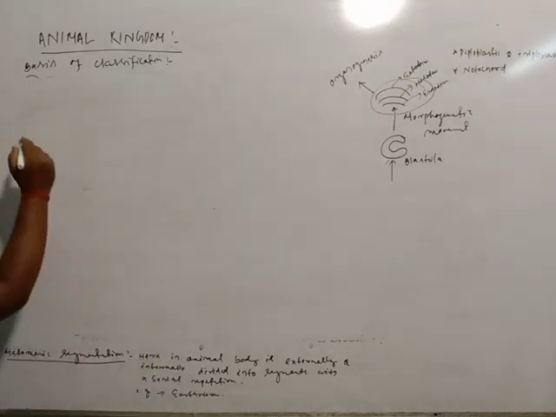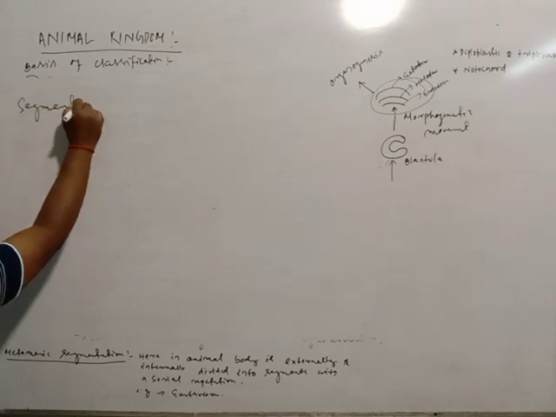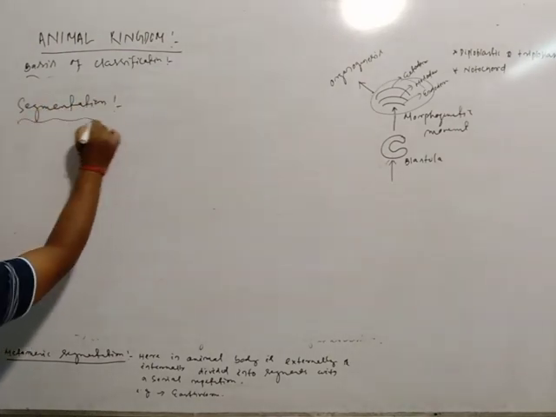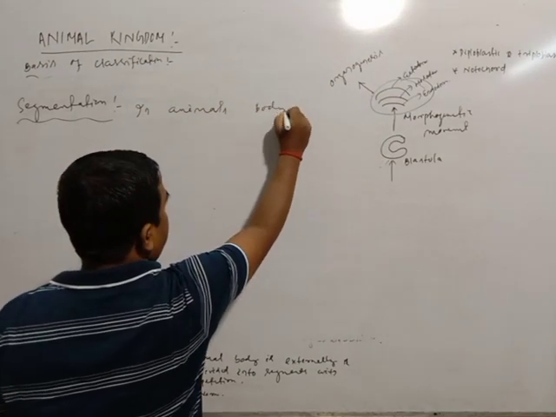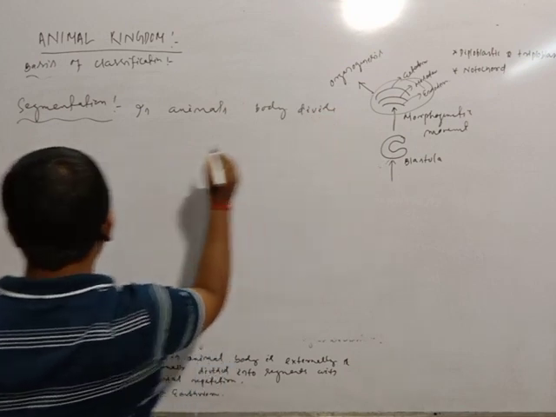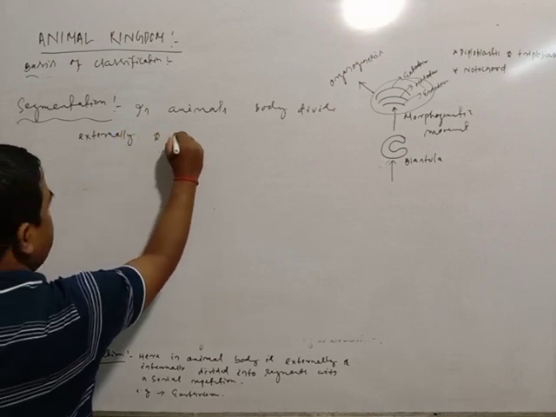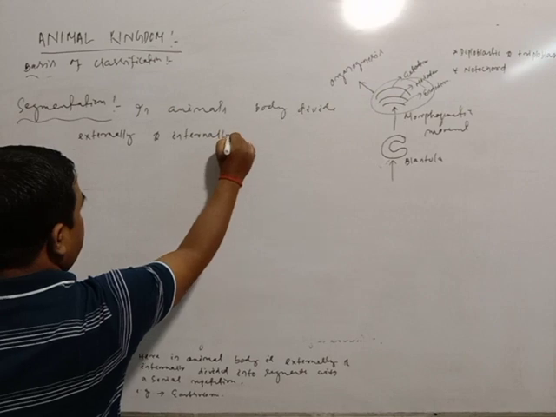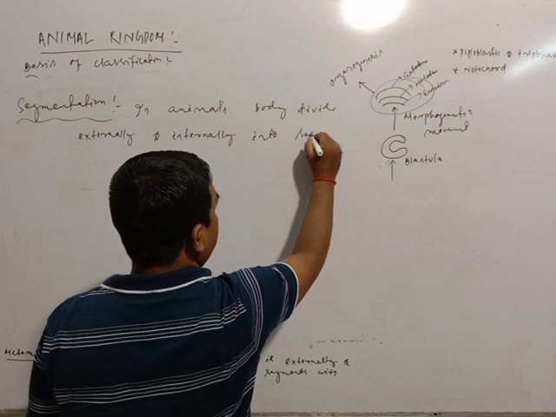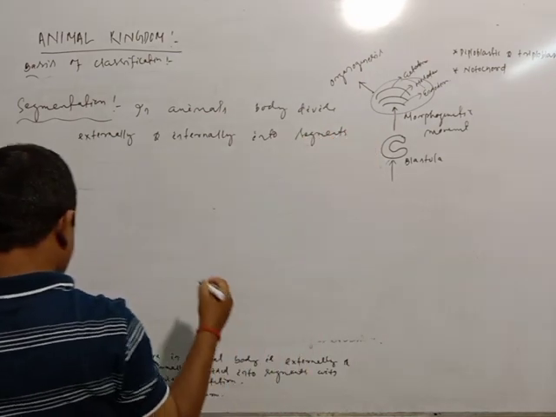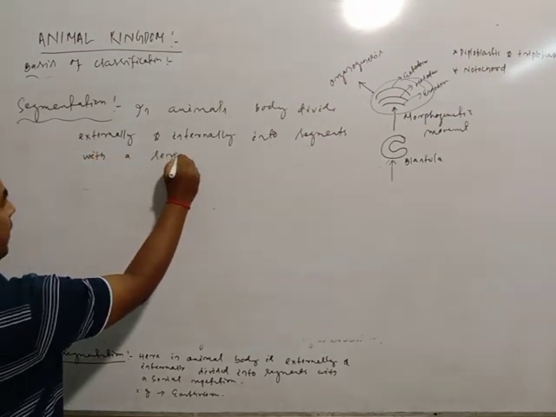In animals, the body divides externally and internally into segments with a serial repetition.